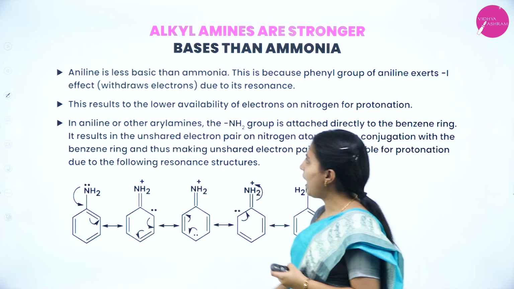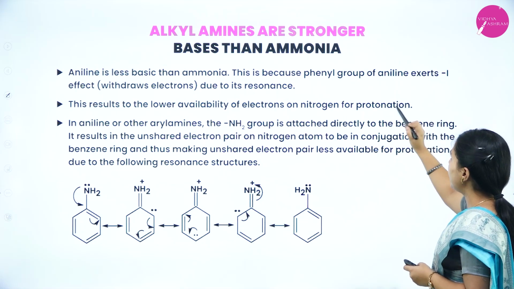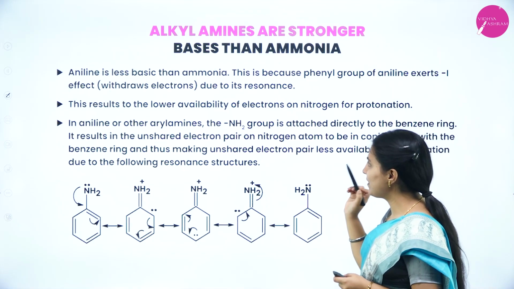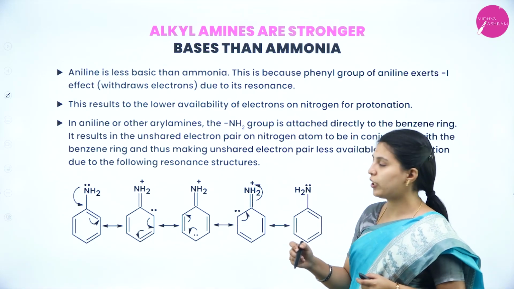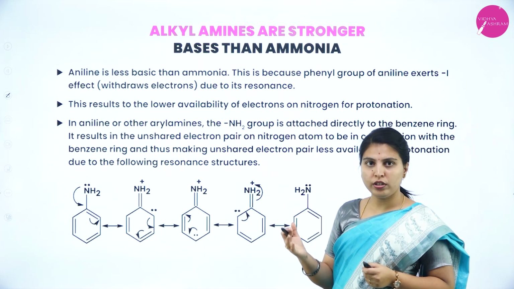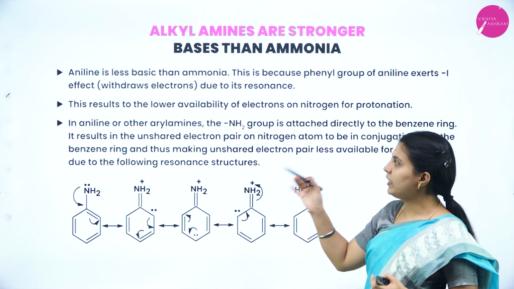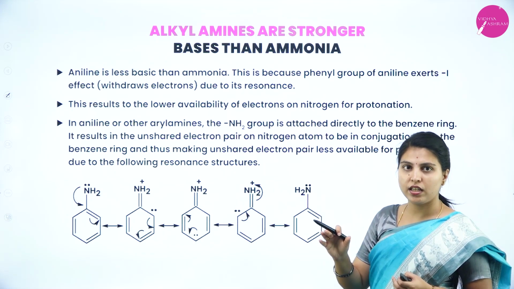Another example we'll see: aniline is less basic than ammonia. This is because the phenyl group of aniline exerts a minus I effect which withdraws the electrons due to its resonance. Alkyl groups are more basic because they don't have any resonance structure, but aniline has a ring structure.